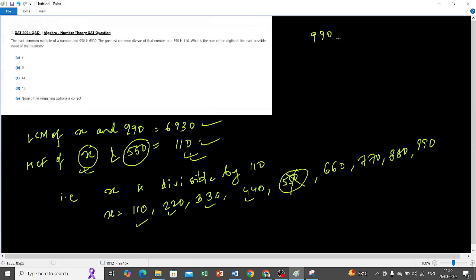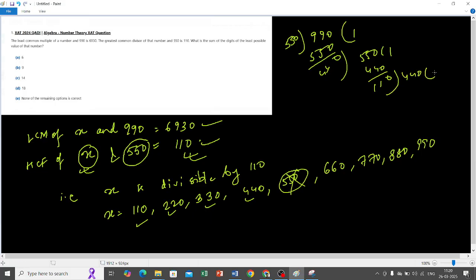If I do the HCF of 990 and 550, you see the HCF is coming 110, but not 550, because the HCF of 550 and 550 is the same number.